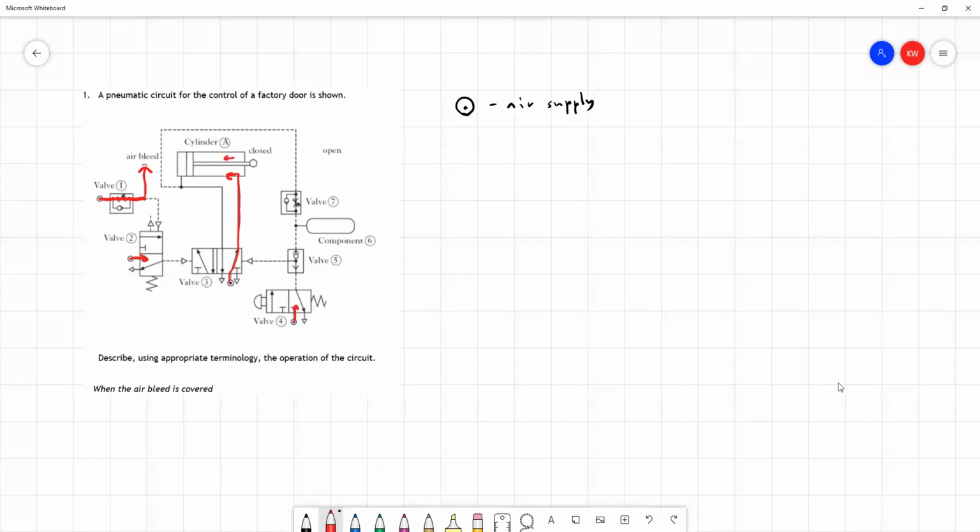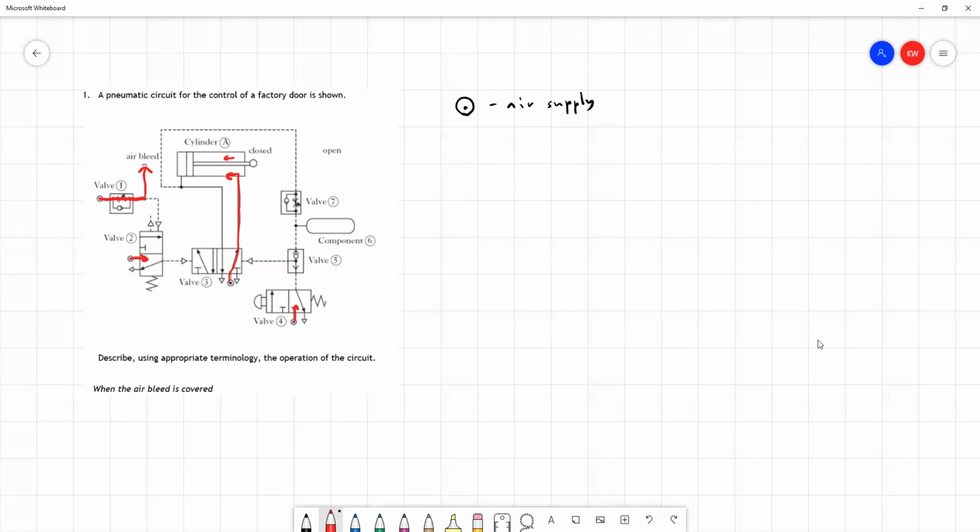So we're given our condition for things changing here. We're told the air bleed's going to be covered. So let's indicate this in our diagram. Now, when you're doing a question, it's absolutely fine not to draw anything at all, unless it specifically says draw a component.